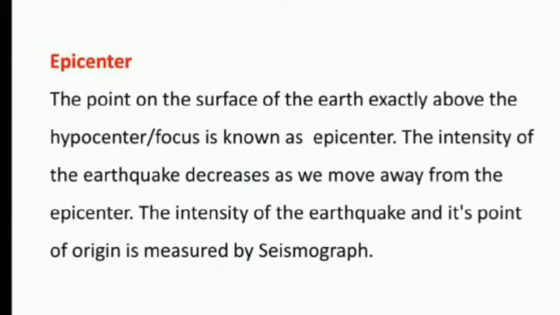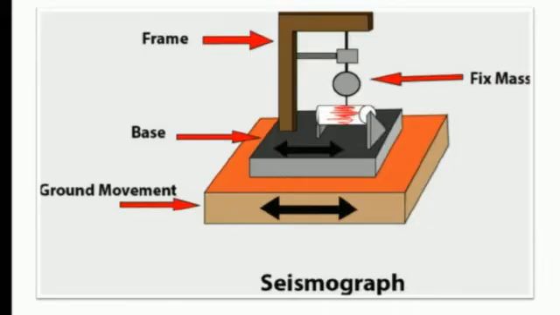The intensity of the earthquake is seen differently in different locations, but it needs to be measured, because at what level an earthquake has occurred is very important for us to know. So for that we have an instrument called a seismograph. Through a seismograph, very easily we can measure the intensity of the earthquake. The seismograph works in such a beautiful way that it gives you accurate information.